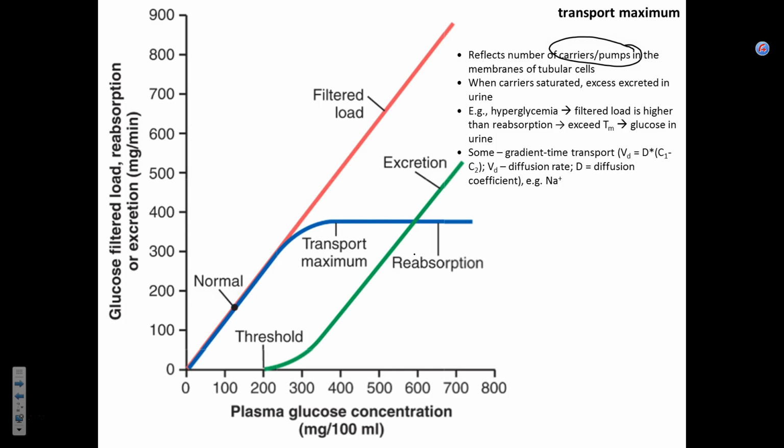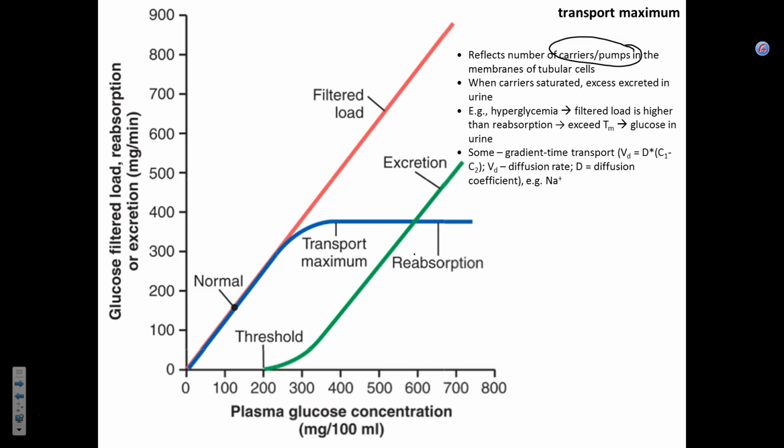Does it make sense that those carriers and pumps have limited flow capacity? Let's say you have a sodium-potassium pump. It can pump only so much potassium in a minute. You have a sodium channel, it allows only so many sodium ions to get through in a minute.